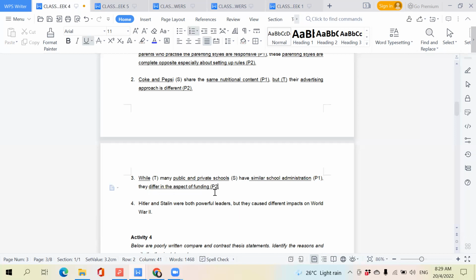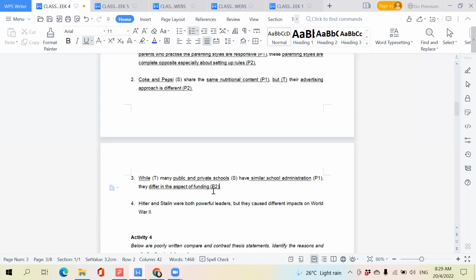And remember, we're just discussing the first component of a comparison and contrast essay. We're not even talking about body paragraphs and concluding paragraphs yet. We have three types of paragraphs: introductory, body, and concluding paragraphs.